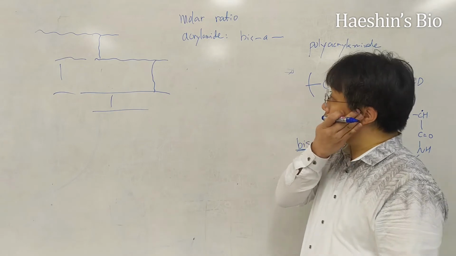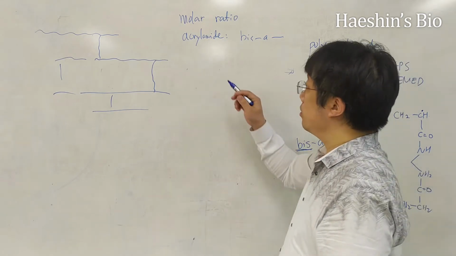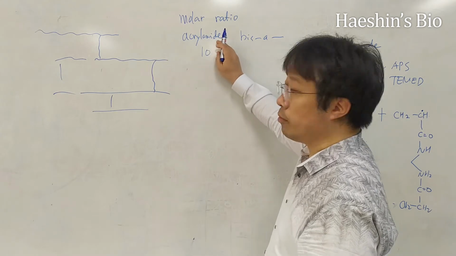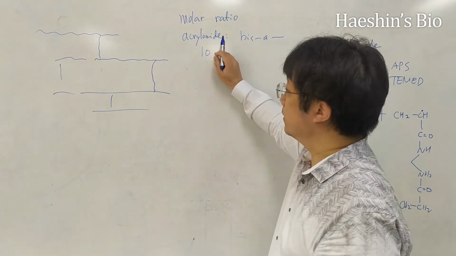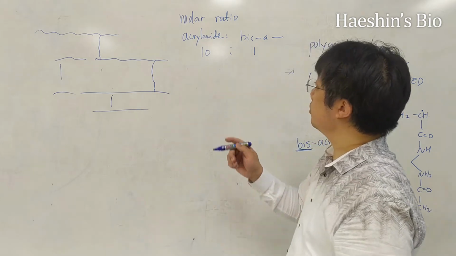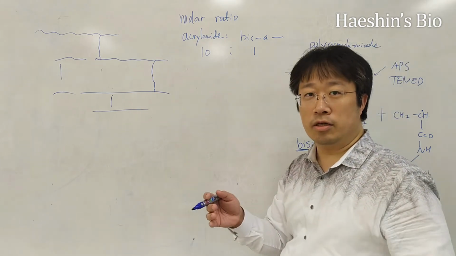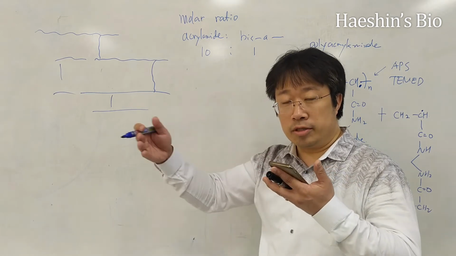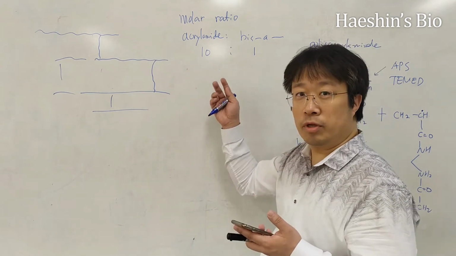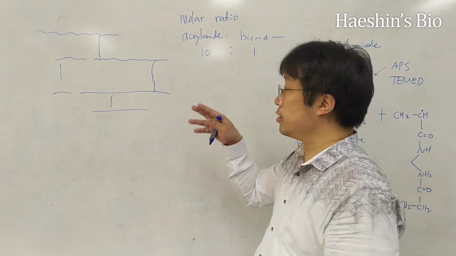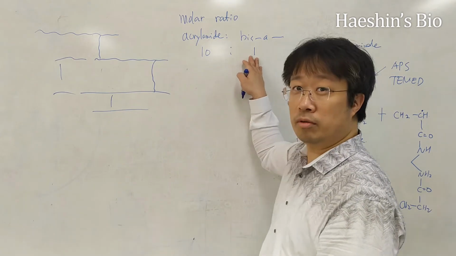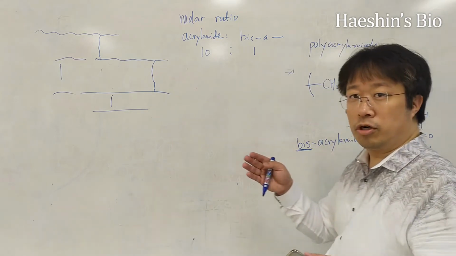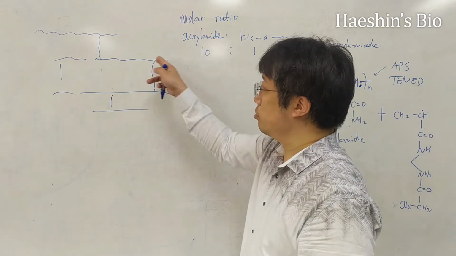In the simple case, 10 molecules of the acrylamide monomer versus 1 of the bis acrylamide. That means in the right conditions they polymerize, but they have maybe a little bit less than 10%, almost 10%, probability that this bridge molecule is incorporating into the system.